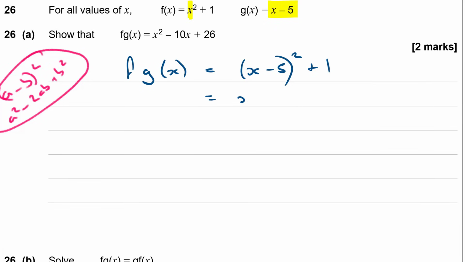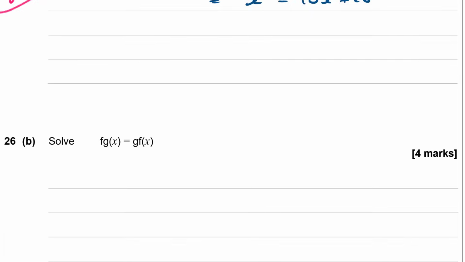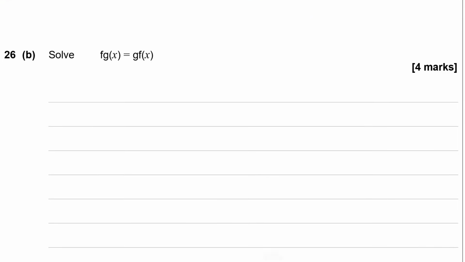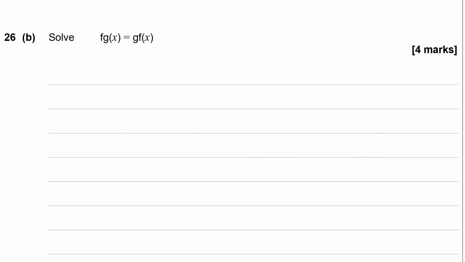So that gives me x squared minus, so 2 times a times b in this case would be minus 10x, plus 25 plus 1. So then just joining those last two things together gives me that. So done.